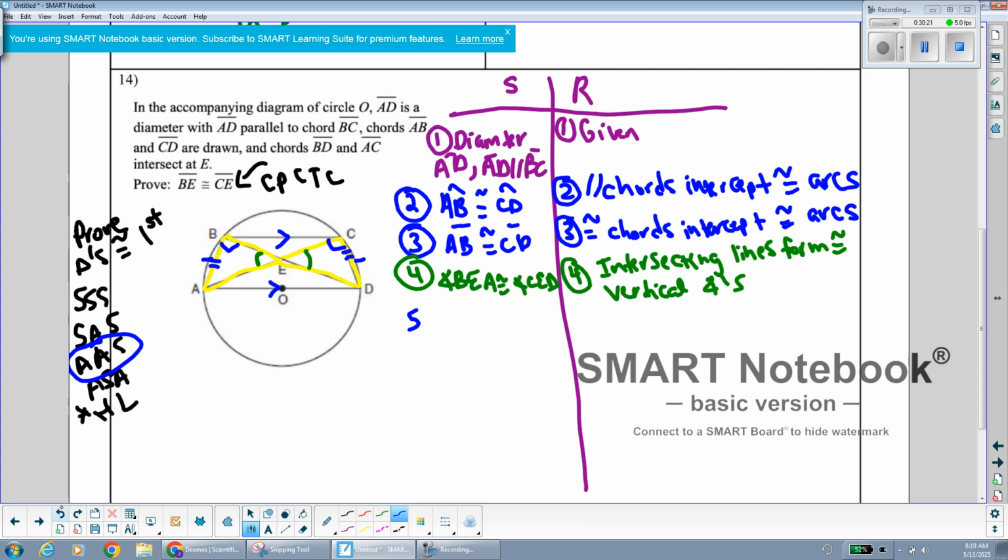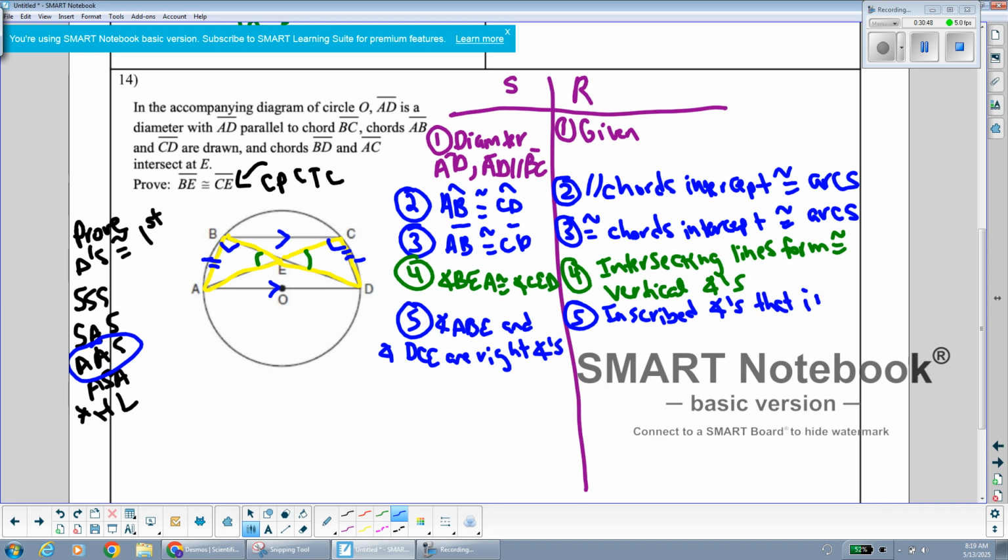Then I'm going to say angle, oops, I can't call that angle B. I meant to write angle ABE and angle DCE are right angles, because inscribed angles that intercept a semicircle are right angles.